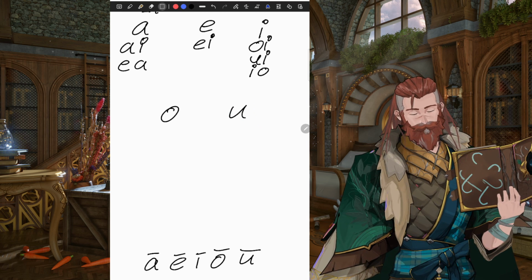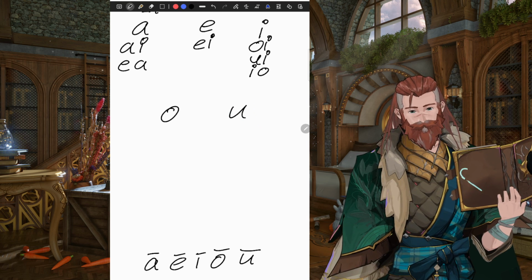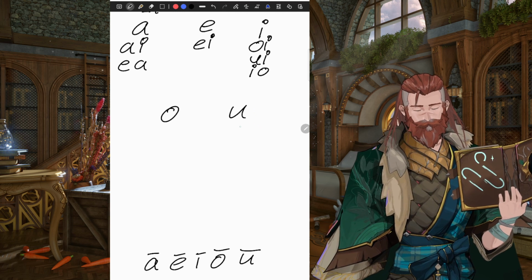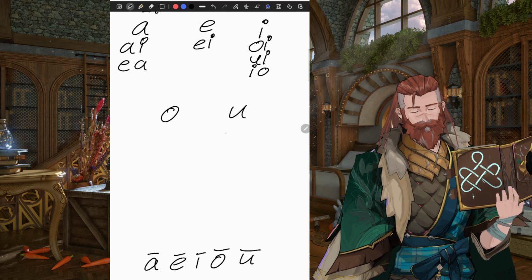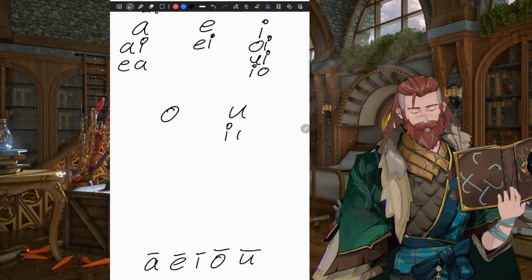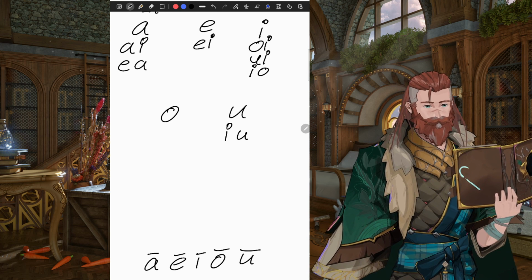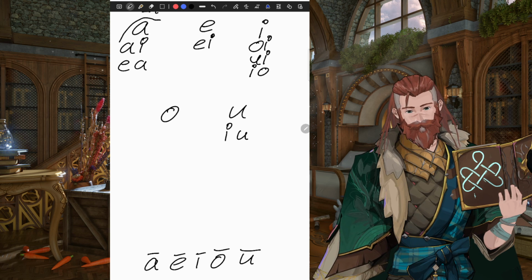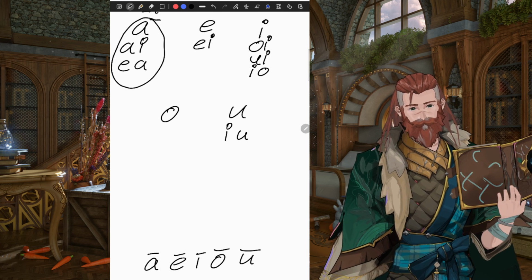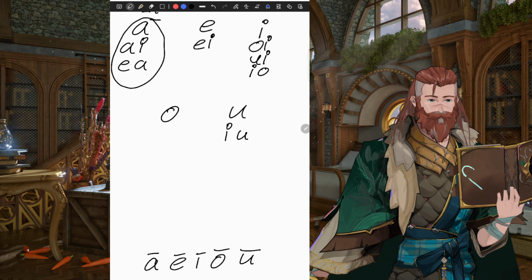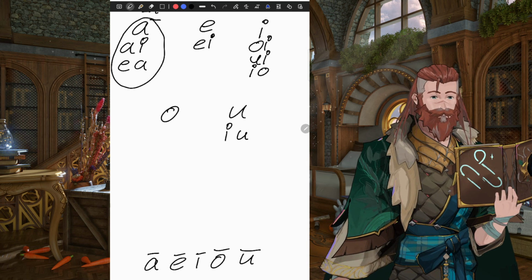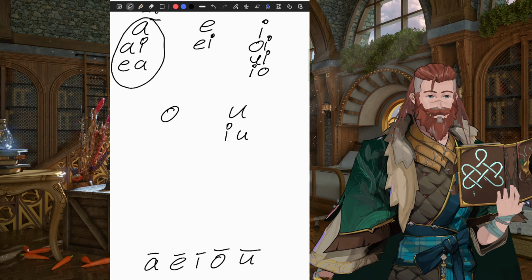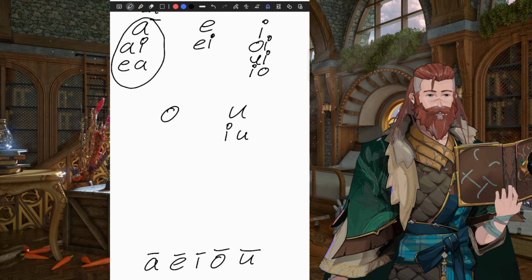Finally, for U, just IU. So all these letters that you see here, they're going to make the same sound.